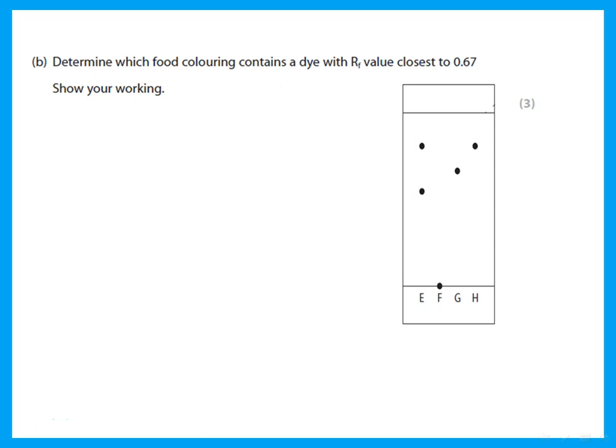Determine which food coloring contains a dye with RF value closest to 0.67. I'm going to remind you again, what is RF value? RF value is distance traveled by the spot over distance traveled by the solvent. So which one is about 0.67? 0.67 means it is nearer to the top.